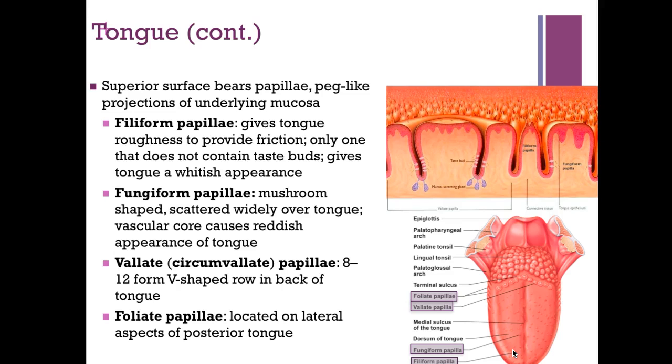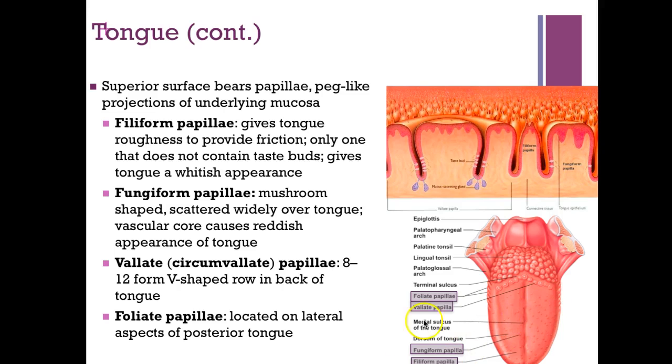Next, we have the fungiform papillae, and you will find this looking more of a mushroom shape to it, scattered all over the tongue, and it has a very abundant vascular core that is going to give it a reddish look on the tongue.